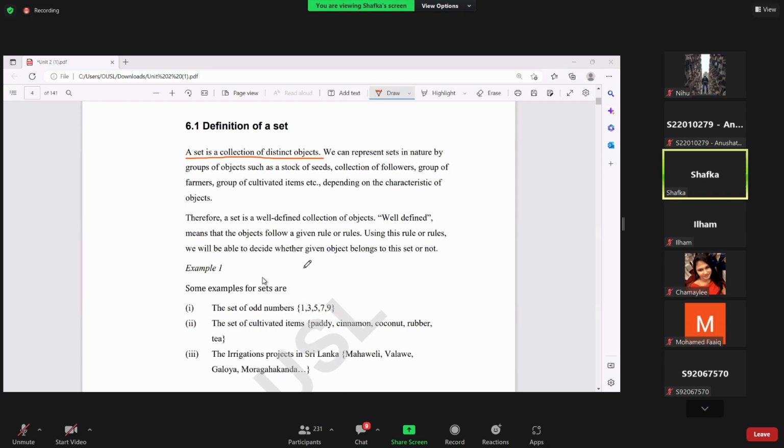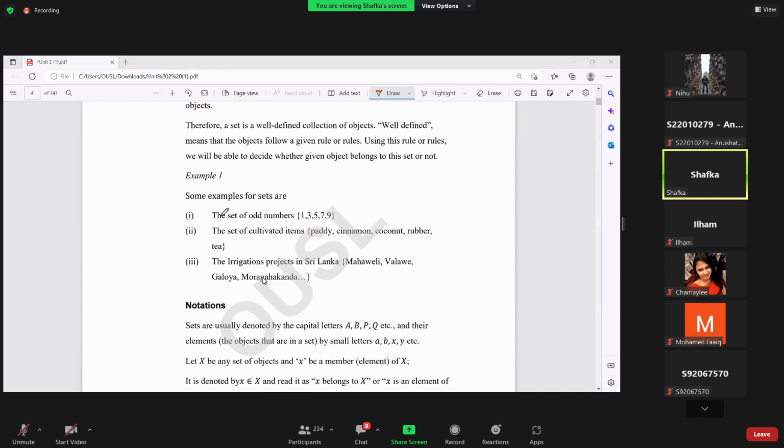Okay, so likewise, when you are defining a set, if there are many rules, you have to follow all of those. Okay. Then, okay, these are some examples. Elements of a set can be either a number or any name or any word or any letter.